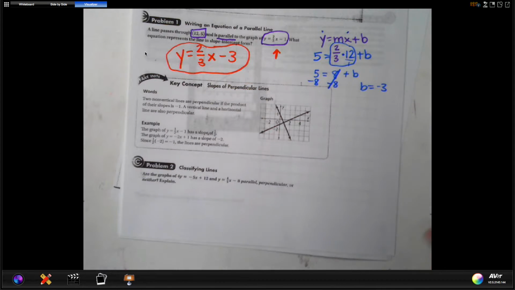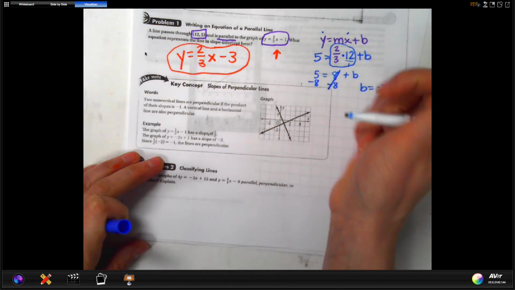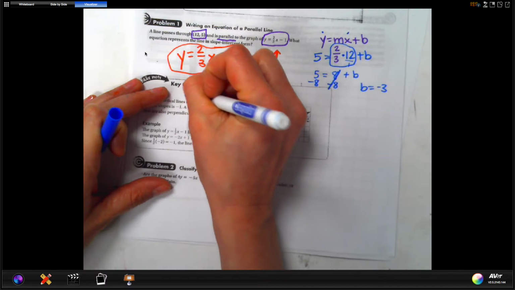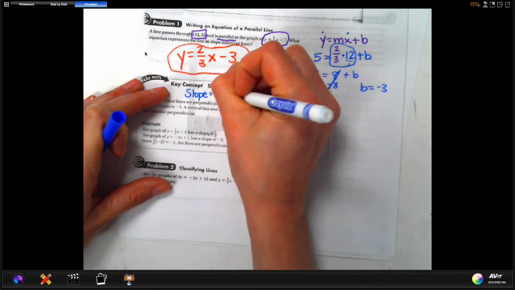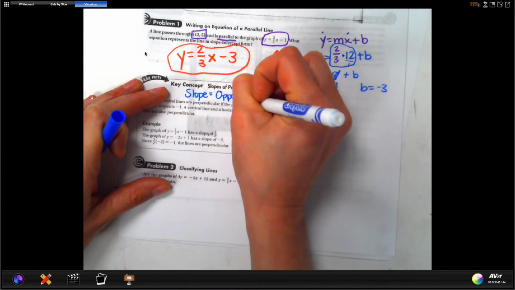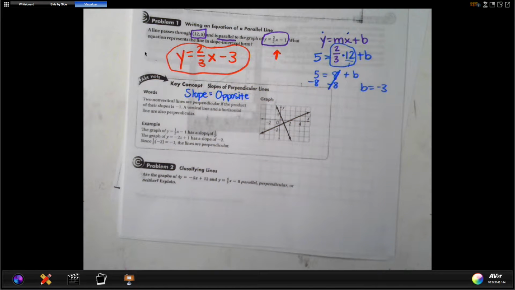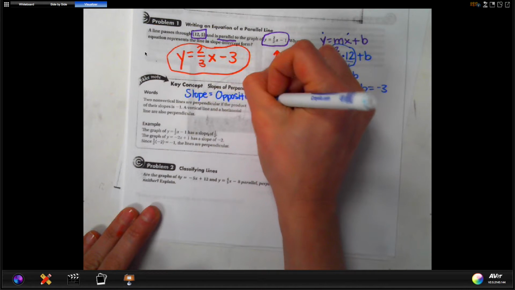We'll write that down and then I'll talk about what that means. In this case, the y-intercept doesn't really matter. The only thing that matters is the slope has to be the opposite. What I mean by opposite is if it's positive, the other one has to be negative, or vice versa. And reciprocal, what does that mean?